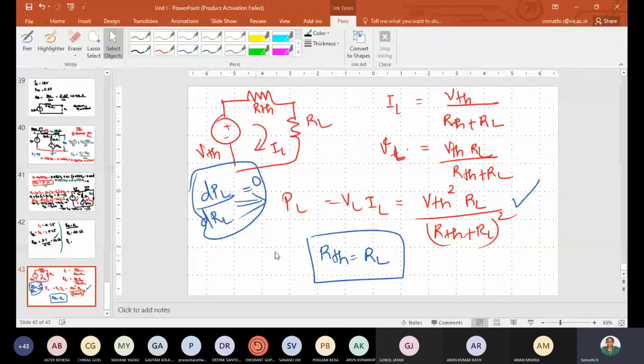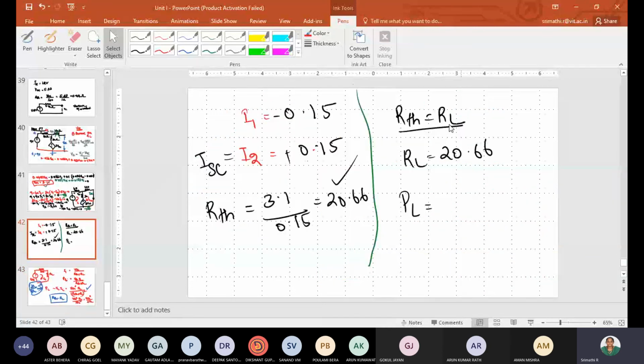So V Thevenin square by 4RL. What is your V Thevenin? 3.19 square divided by 4 into RL, which is 20.66.